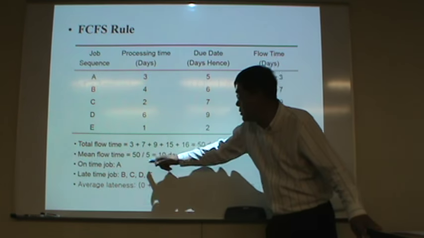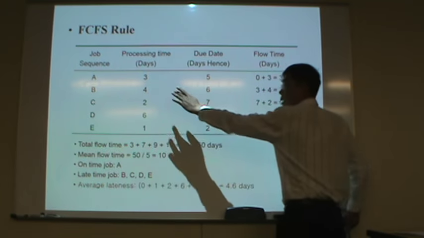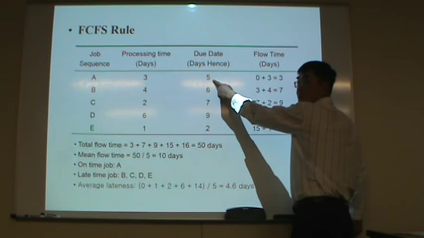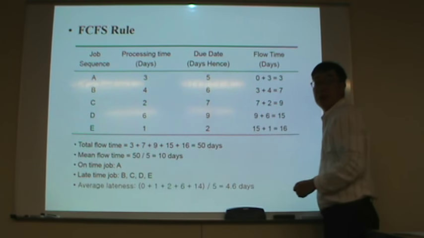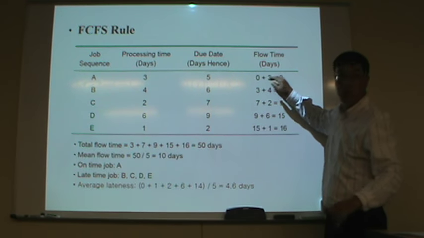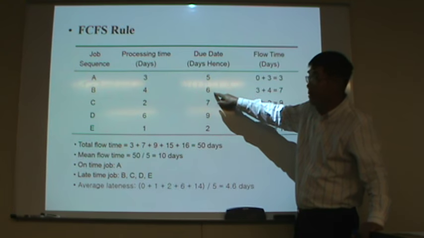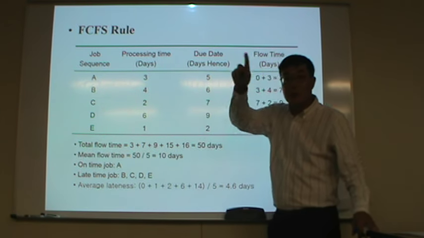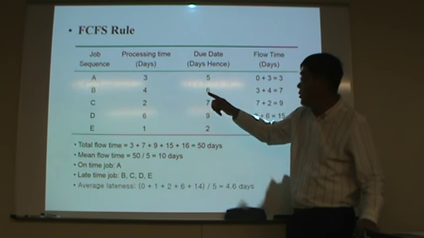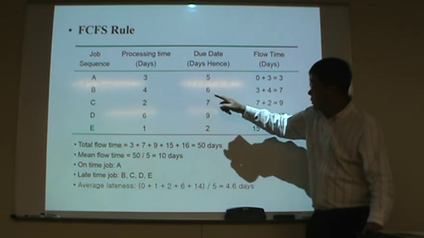And for on-time jobs, this one takes 3 days and meets the due date, right? But this one is due in 6 days and finishes at 7, right? So 1 day late, and so on.